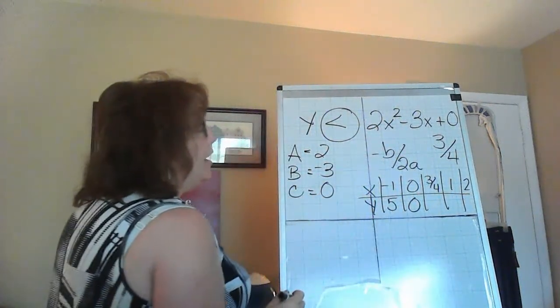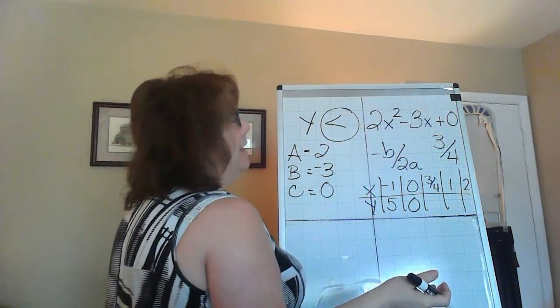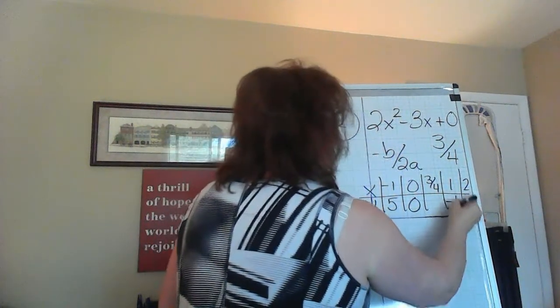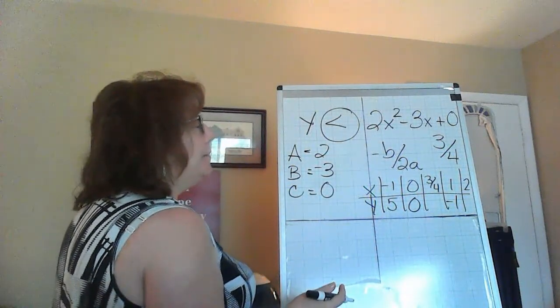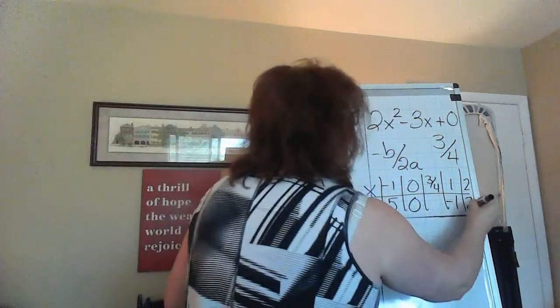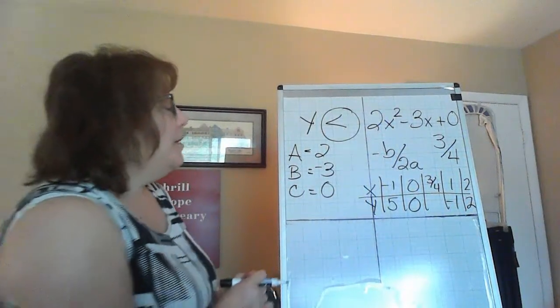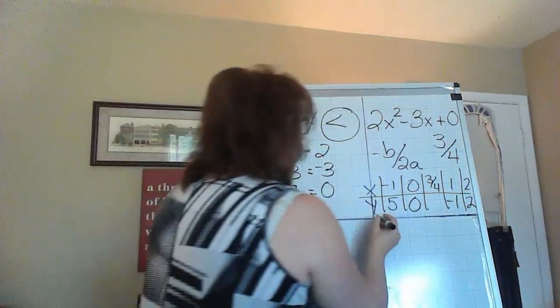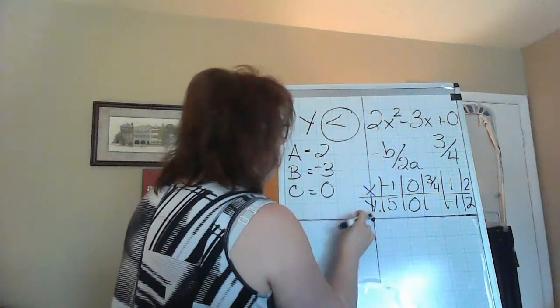The 1 is going to give me 2 minus 3, so it's going to be -1. And the 2 is going to give me 8 minus 6, or 2. Now, I'm not seeing any mirror images here, so I'd have to keep going. But I am going to go ahead and plot some points here.